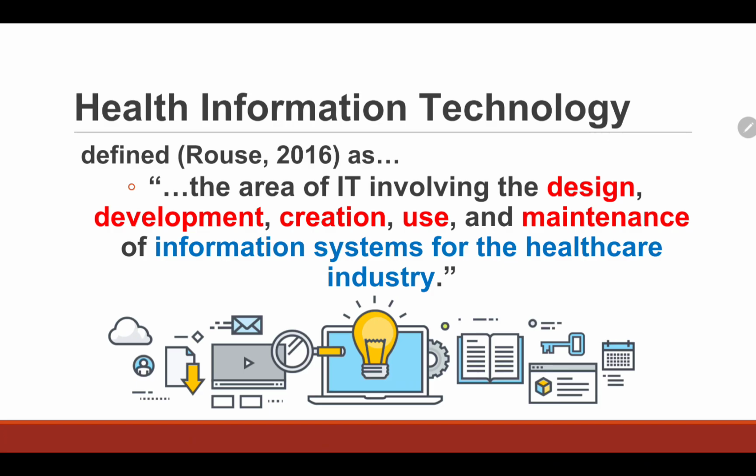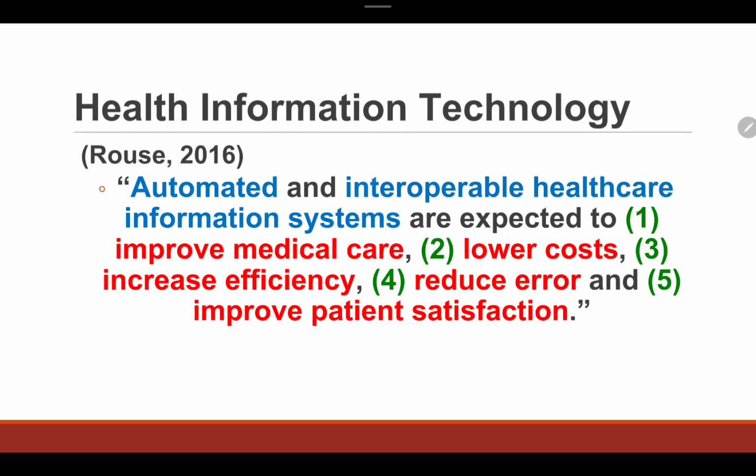What else did Rus say regarding this? He said automated and interoperable healthcare information. When we say interoperable, guys, it refers to being able to exchange and make use of information. Of course, if there is too much information, you need to be able to interpret it. That is the meaning of interoperable.